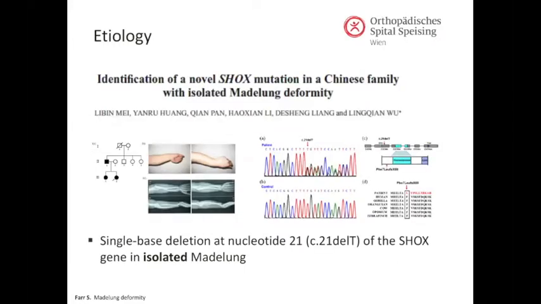Also, in this Chinese case report, just a single base deletion was found at a specific gene, exon 1, of the SHOX gene. So there might still be a minor form, and I can agree with this finding based on my clinical overview of cases, but I will tell about this afterwards.